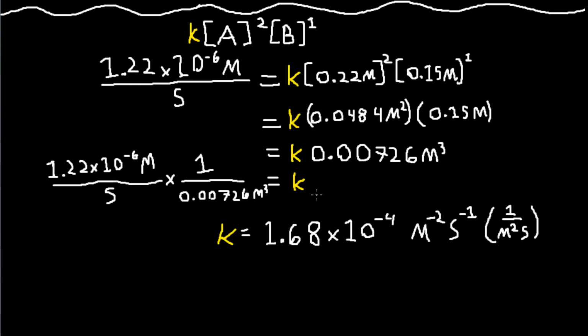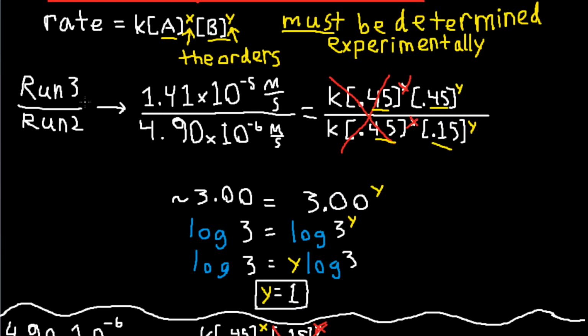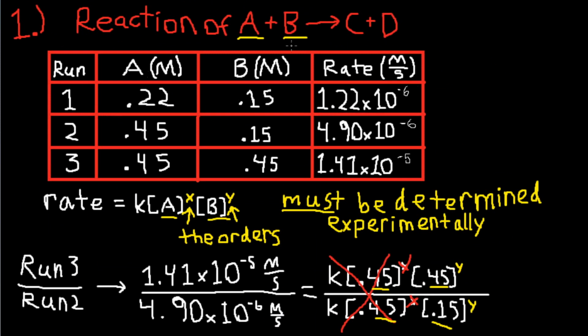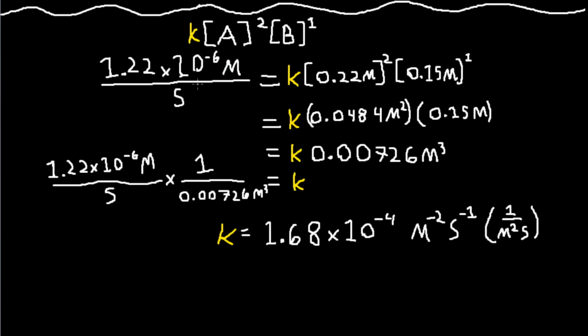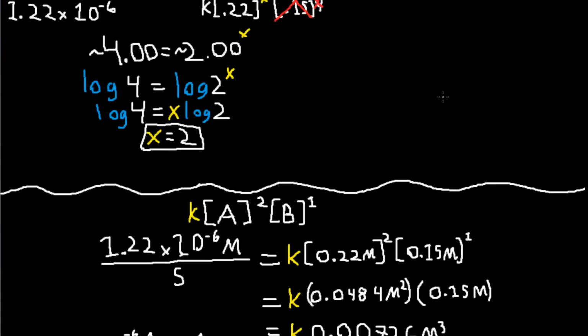I chose run number 1, and if you scroll up to our chart, run 1 is in fact 1.22 times 10 to the negative 6, and since it's molarity over seconds, 1.22 times 10 to the negative 6 molarity over seconds equals K, and then you put in the values of molarity for that run, which were 0.22 and 0.15 respectively.